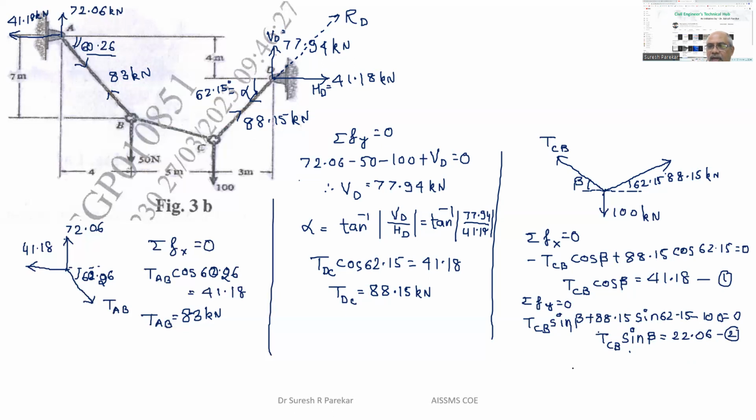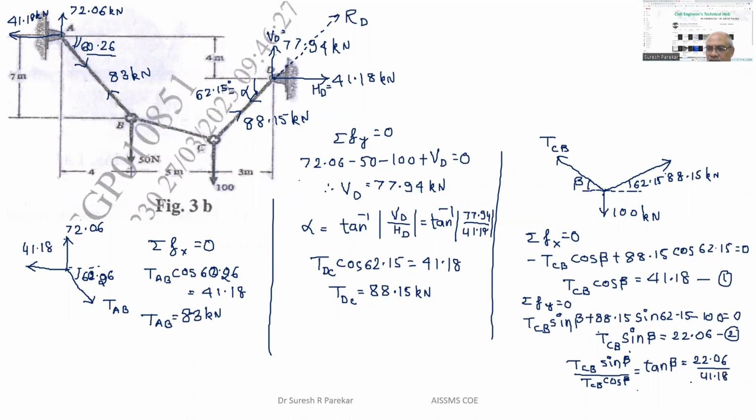Then we can divide 2 by 1. So we have TCB sin beta divided by TCB cos beta, and then we will get tan beta equal to 22.06 divided by 41.18.